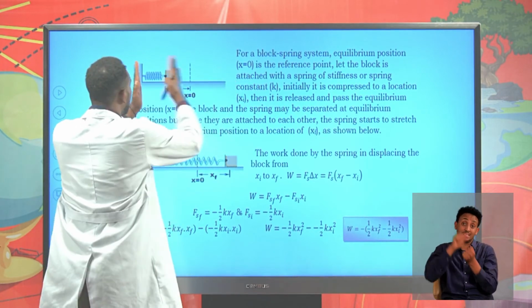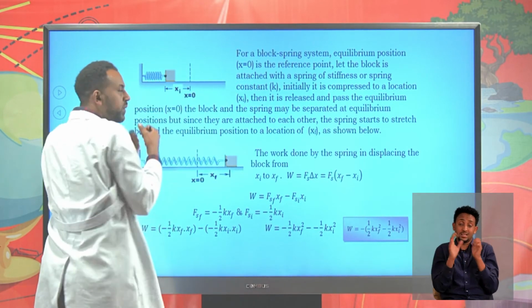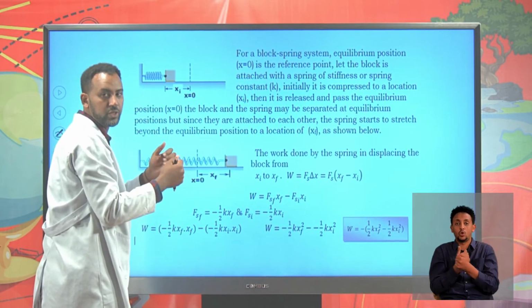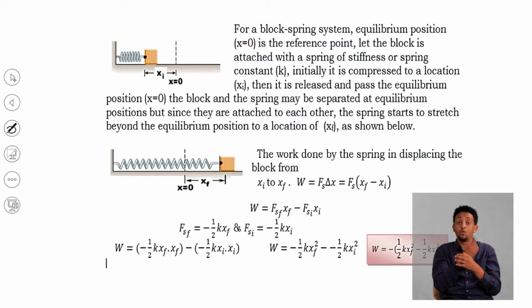As you compress here, this spring has the potential energy to exert force. Such energy is known as elastic potential energy. If you pull this and release it suddenly, work will be performed as it pulls this mass along this side.